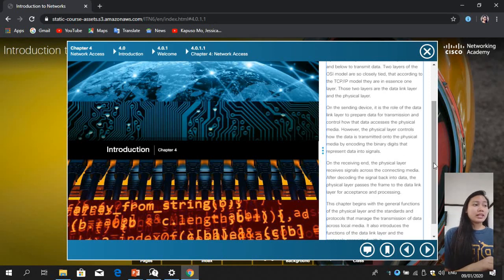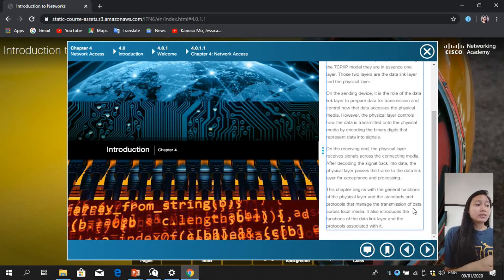However, the physical layer controls how the data is transmitted onto the physical media by encoding the binary digits that represent data into signals. On the receiving end, the physical layer receives signals across the connecting media. After decoding the signal back into data, the physical layer passes the frame to the data link layer for acceptance and processing.